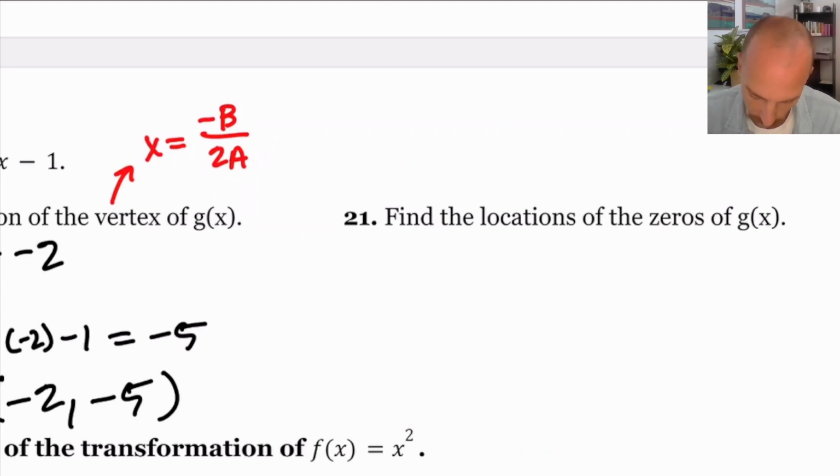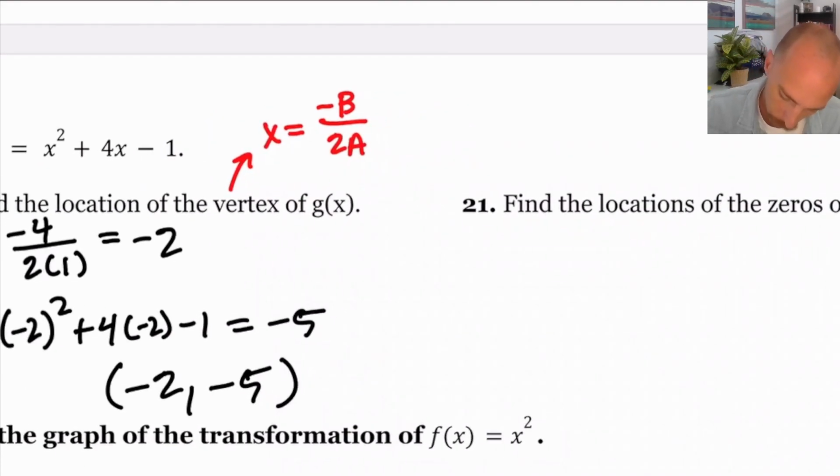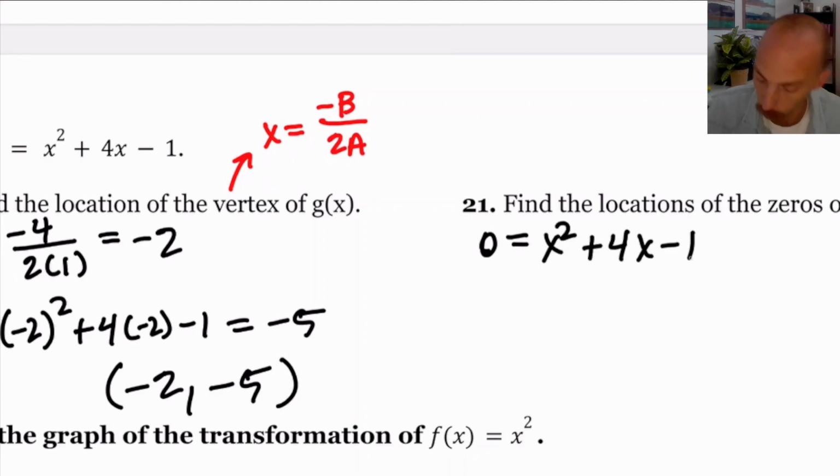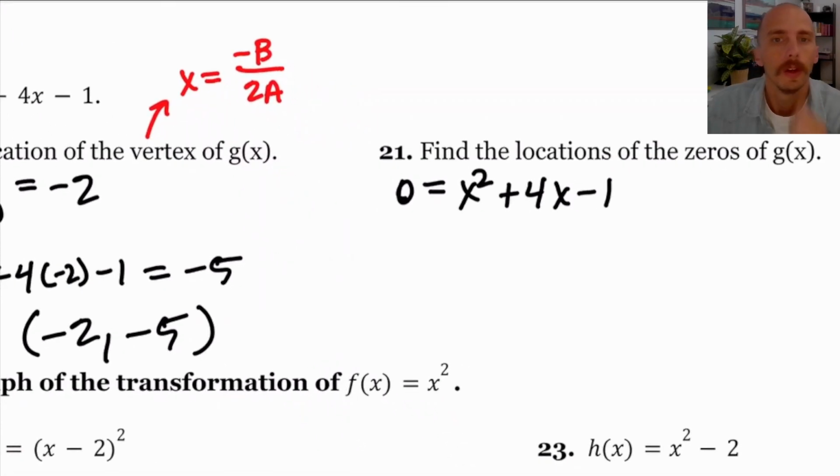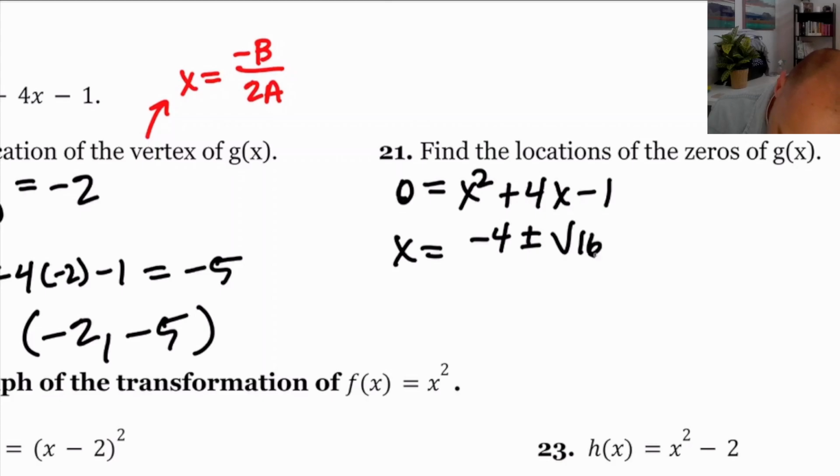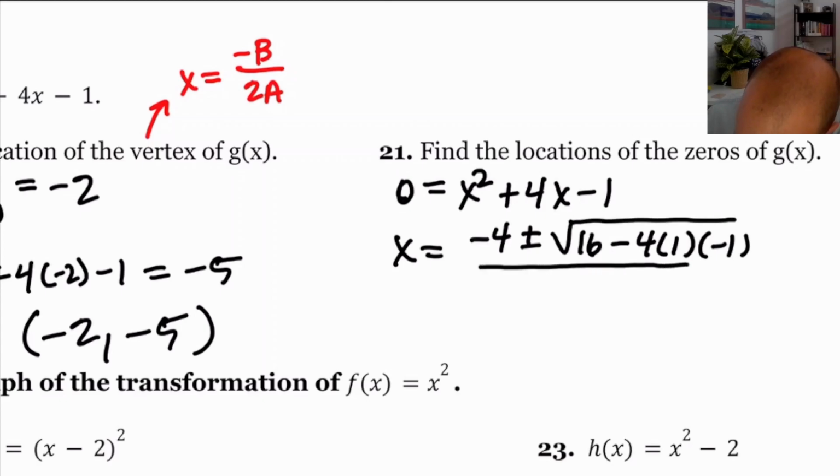As for the locations of the zeros of g, I'm just going to set g of x equal to 0. So 0 equals x squared plus 4x minus 1. Okay, so this is not going to factor. I can't think of two numbers that multiply to negative 1 while adding to 4, so I'm going to use the quadratic formula. And x will equal negative b plus or minus the square root of b squared minus 4ac, all over 2a.